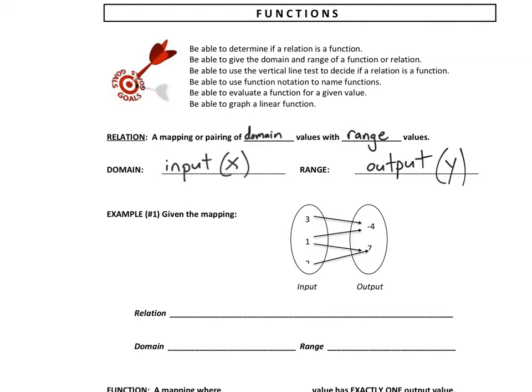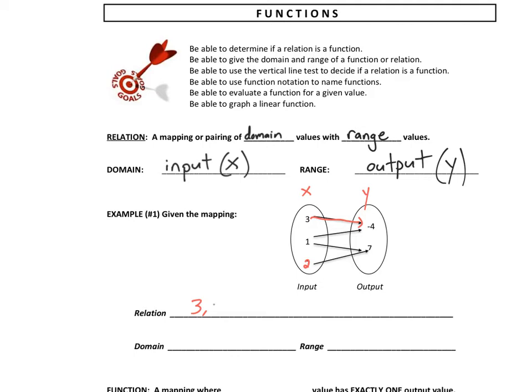And then our example, given the mapping. So on the left is our input, on the right is the output, and I can see that we're missing part of this number. This is a 2. So this is our x's, these are the y's, and they're paired up. So the relation would be our x, y ordered pairs. So like 3 gets paired up with -4.